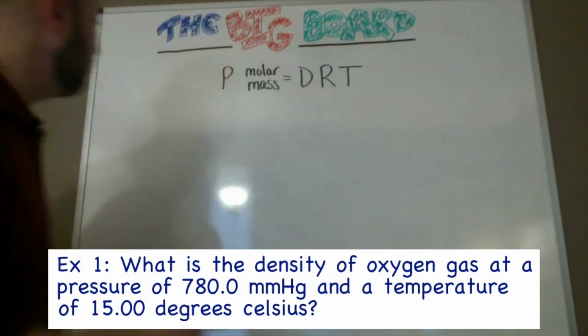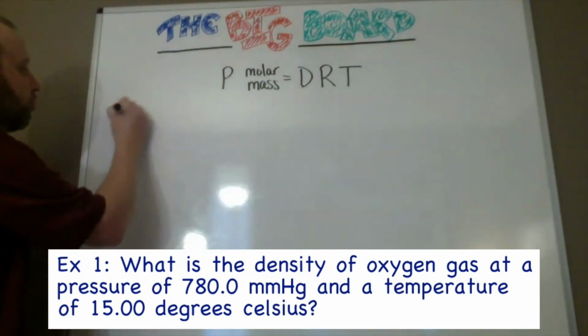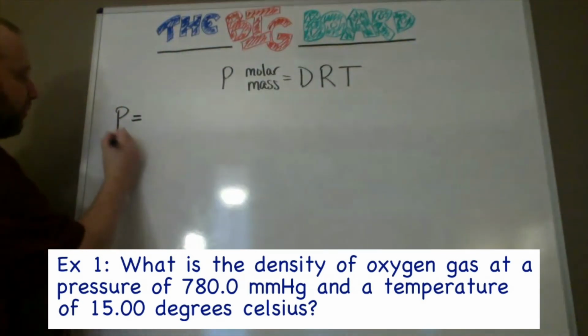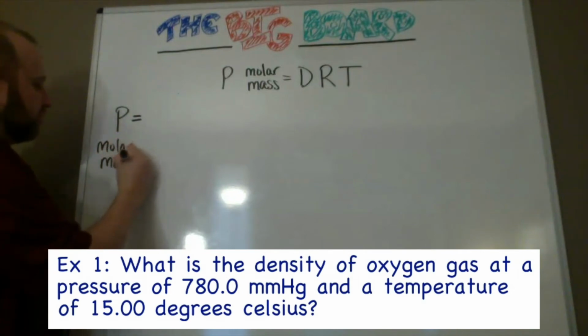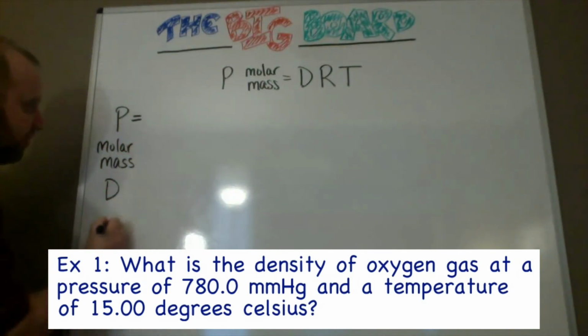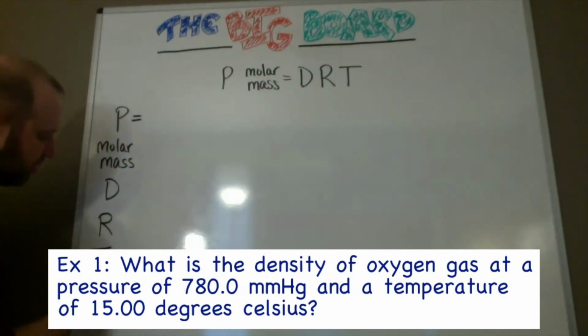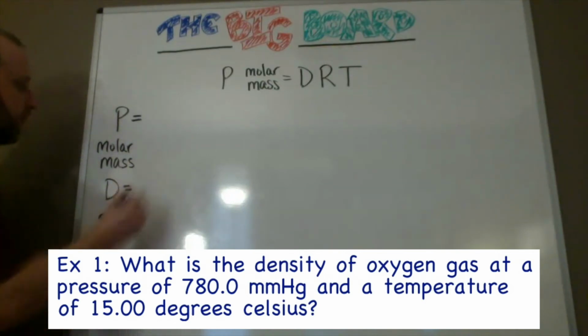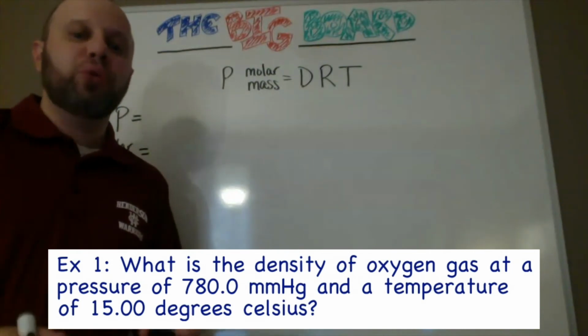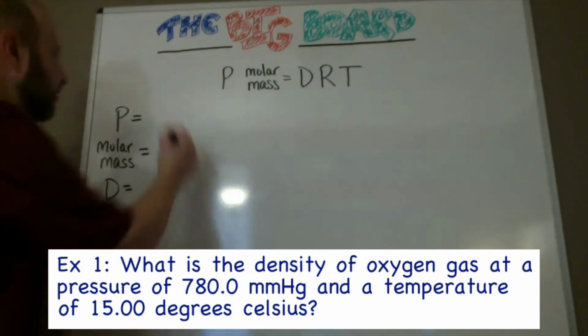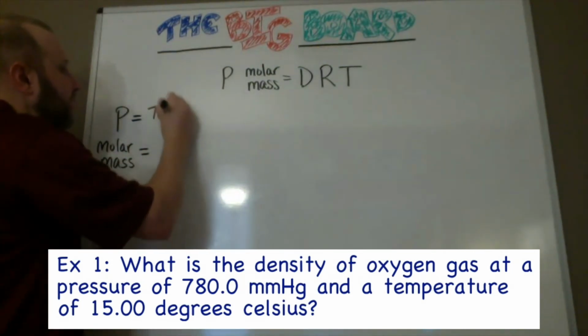So let's get all of these variables down. What is the pressure, molar mass, density, R, and T? So first of all, they give us the pressure as 780.0 mmHg.